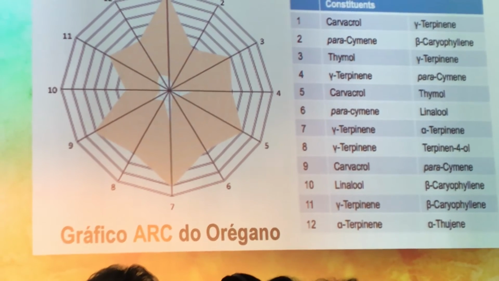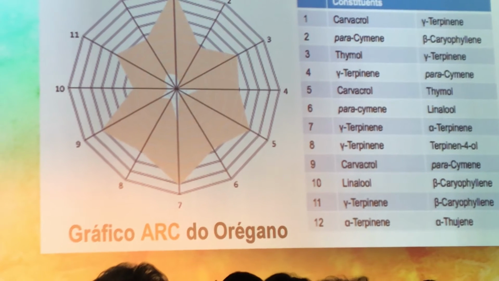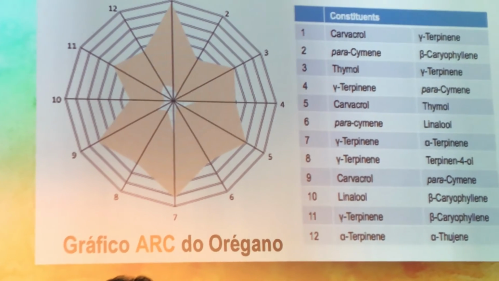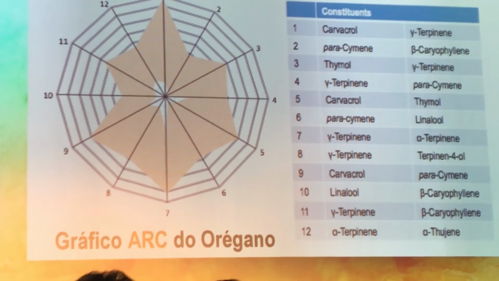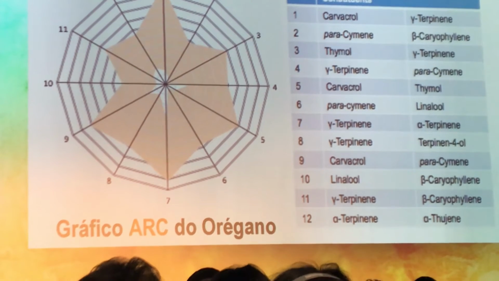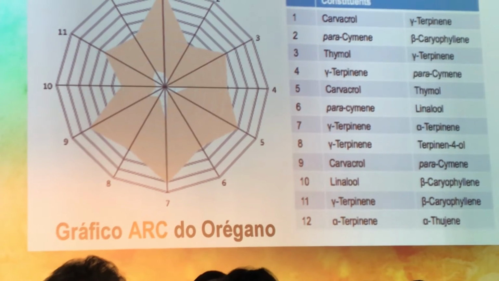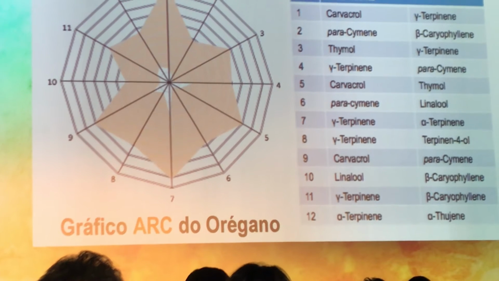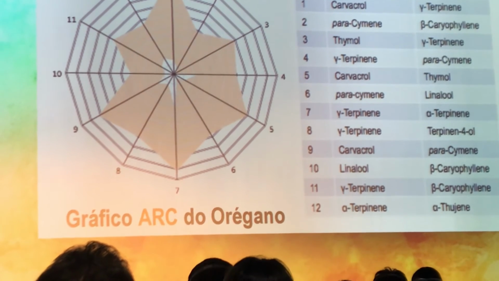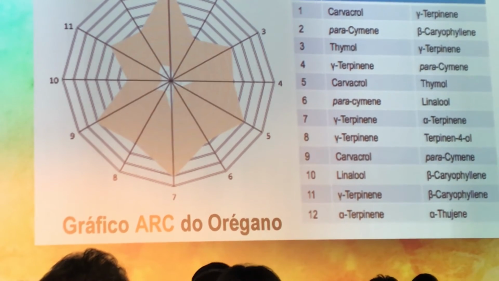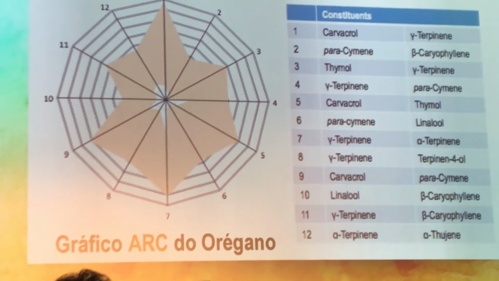For example, in set number 1, we have carvacrol and its ratio to gamma-terpinene. We look at all of that biochemistry, and it gives us a very specific numerical plot, a fingerprint, if you will, of all of the biochemistry that exists within the essential oil.